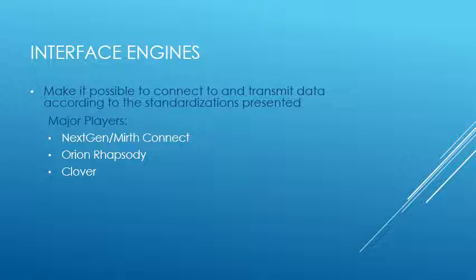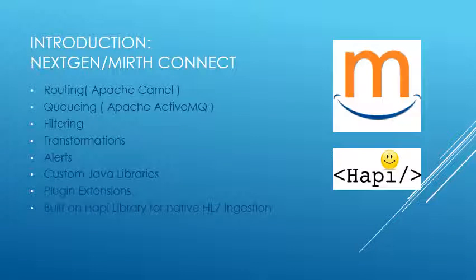But essentially, they use a few different features. Mirth Connect is kind of my poison of choice. It has a few benefits. It's built on Apache Camel for routing, so you can have the source sent to several different destinations.